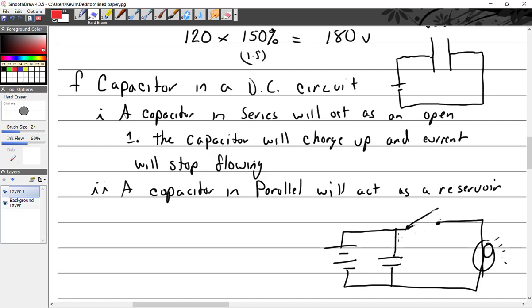So, if the capacitor is already charged, then what will happen? Well, it's not that it doesn't have a charge, it's just not charged as much. So it's going to have, I would say, probably an equal charge.